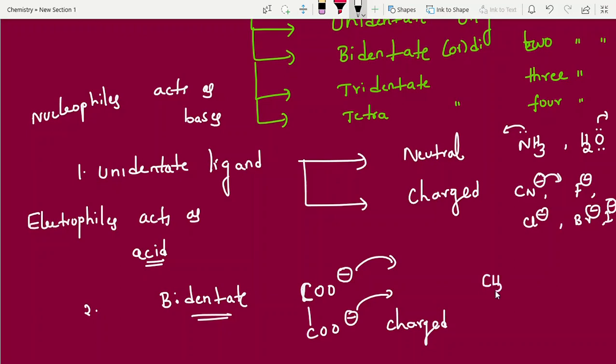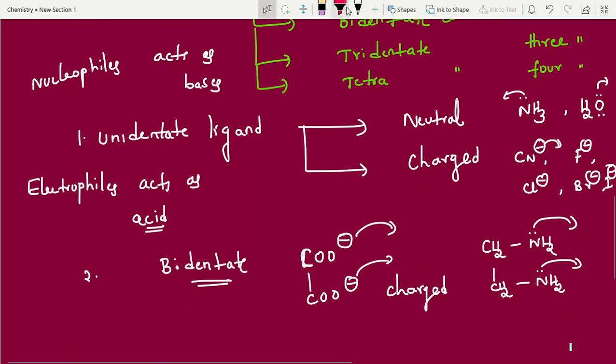Next one, another bidentate, a neutral one. This is one of the frequently asked questions. CH2NH2, CH2NH2. See here, neutral, no charge. Here charge is there, here no charge. This is ethane-1,2-diamine.